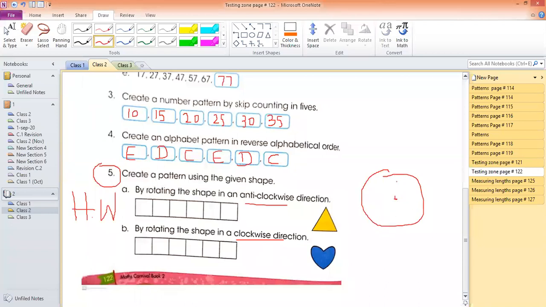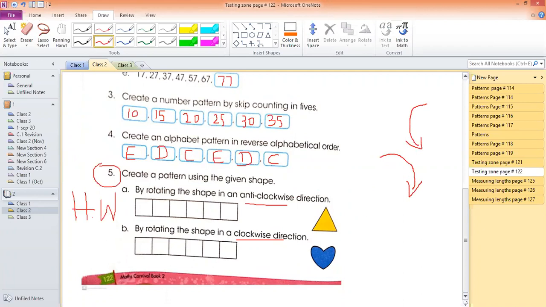The clock always moves in a clockwise direction, from this side to this side. Whereas anti-clockwise means the opposite of clockwise. This is the direction of anti-clockwise.